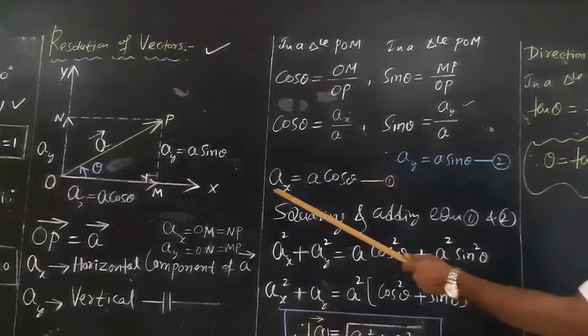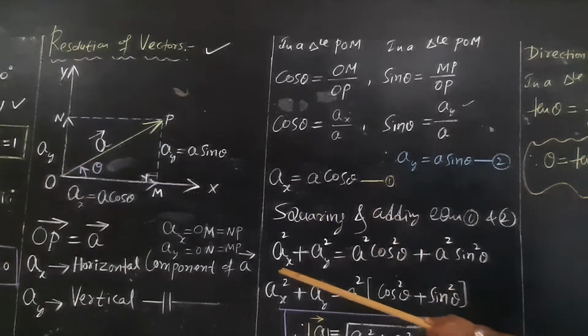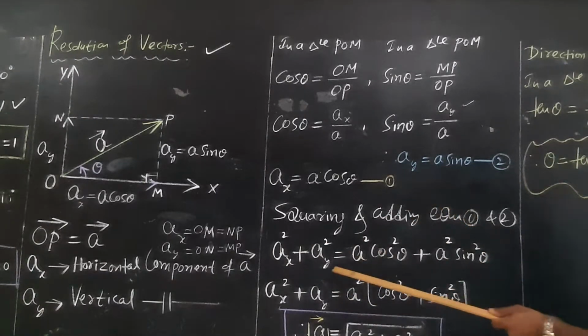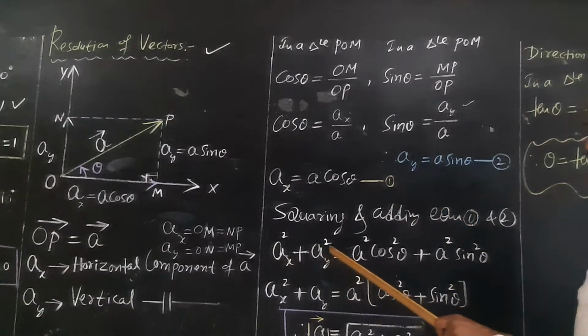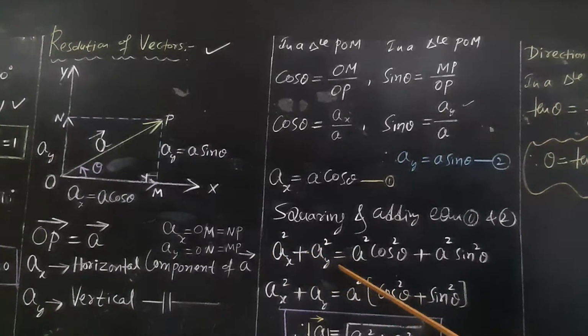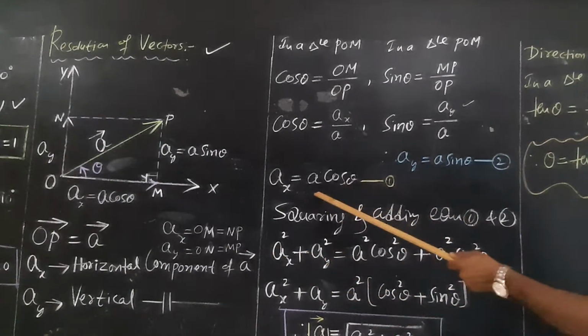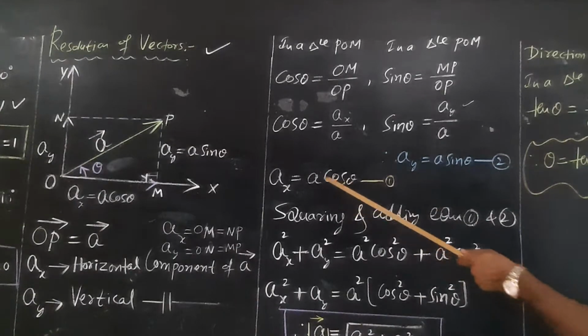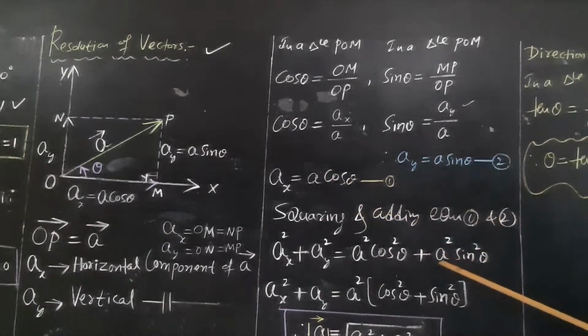So squaring and adding the left hand sides gives AX square plus AY square, which is equal to the right hand side, A square cos square theta plus A square sin square theta.